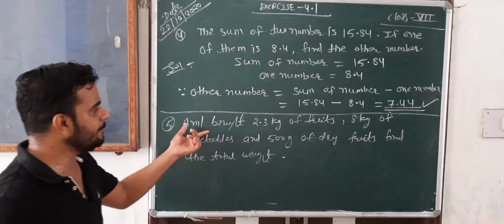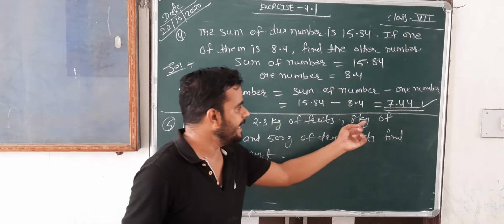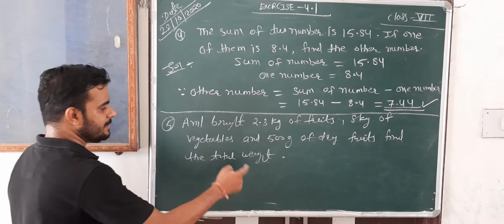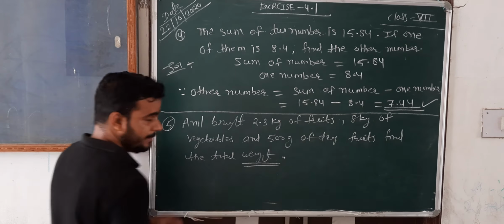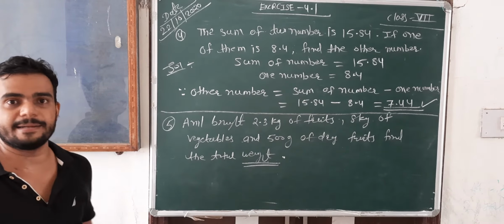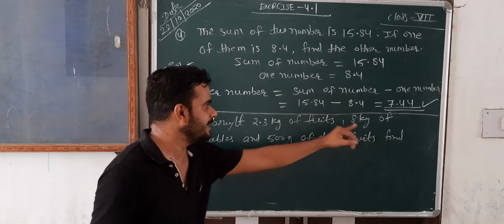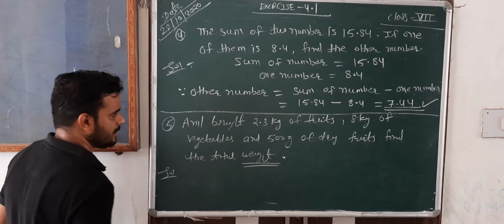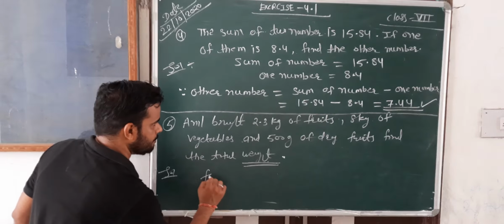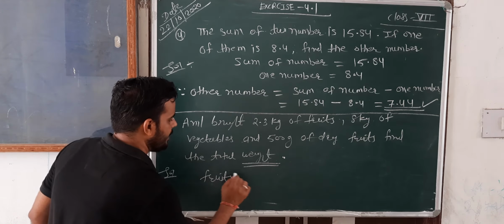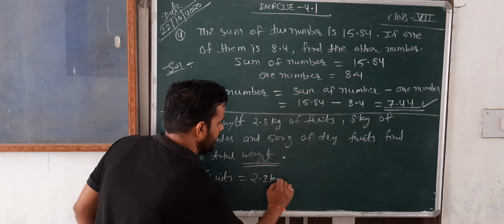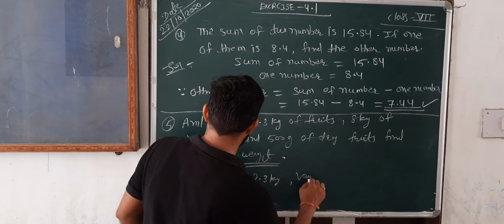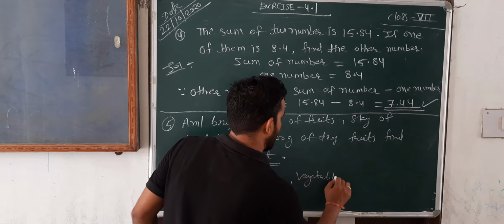So next one, Anil bought 2.3 kg of fruits, 8 kg of vegetables and 500 gram of dry fruits. What is the total weight? We have to find the total weight. So what will we do? We will add all of these. But here it is gram, kg and kg. So gram we have to change into kg. The quantity of fruit is 2.3 kg, and vegetables, how much?